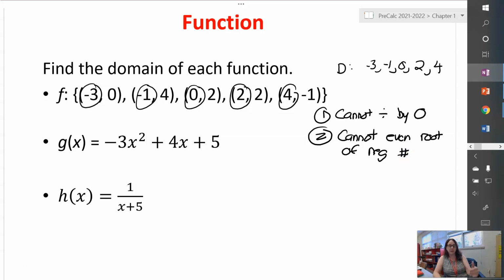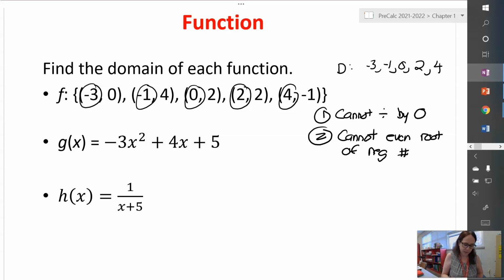So I'm going to have to look at each of these functions. For rule number 1, do I have a variable in the denominator anywhere? Rule number 2, do I have an even root anywhere? If the answer is yes to either of those, then those are the areas you're going to exclude.